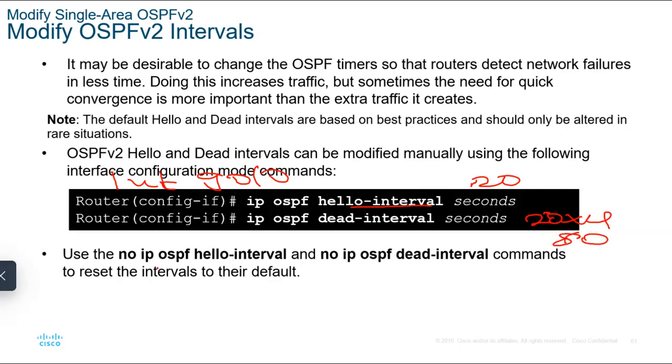You can use no IP OSPF dead interval command to reset. So if you are resetting, you just run this, but do not put the period, just put no IP OSPF dead interval.